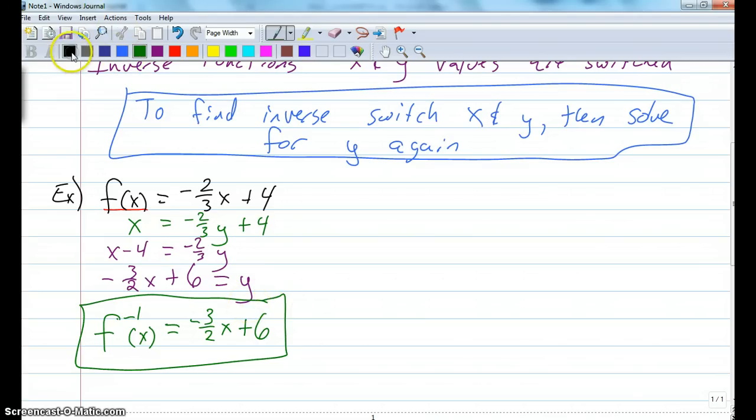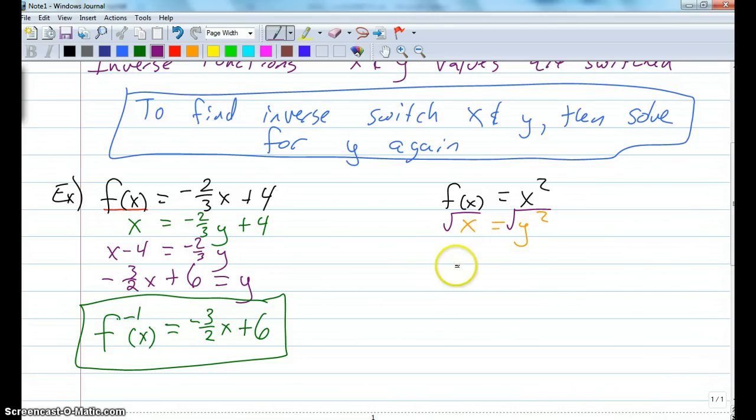Now let's try another one. What if I gave you f of x equals x squared? Well, again, we switch the x and y. So this would become, let's go with orange, x is y squared. So now we got to get y by itself. How do you unsquare something? You square root both sides.